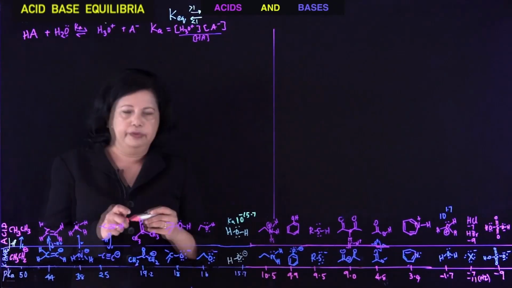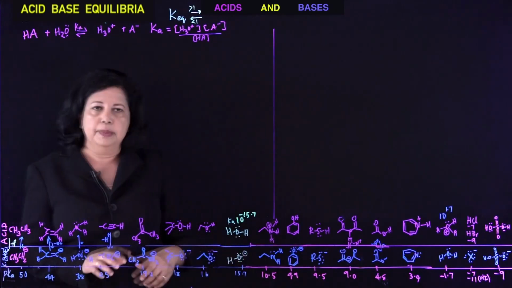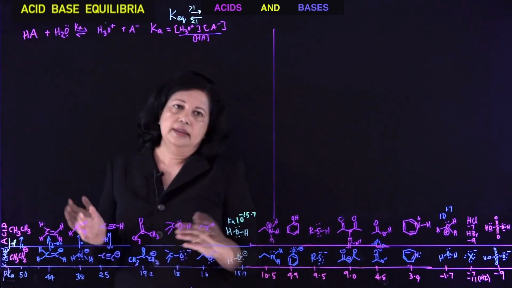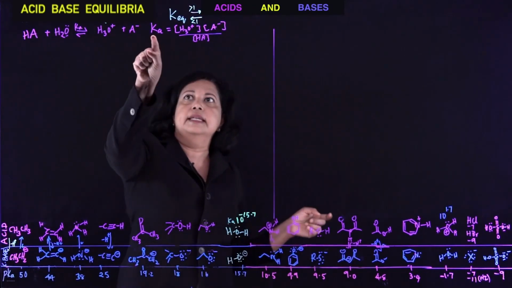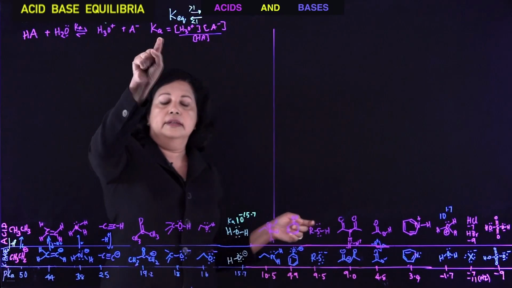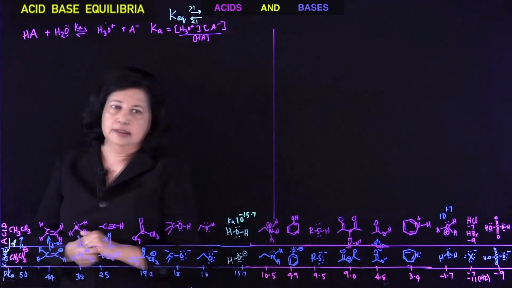H2O is 55 moles per liter, or molar. For a liter of water, the number of moles is fixed, so that constant is then inside the ionization constant, the dissociation constant.